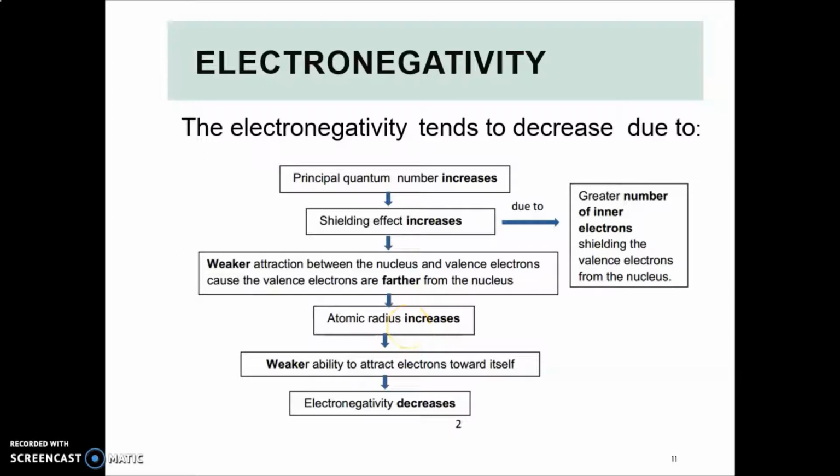When the atomic radius becomes bigger, the valence electrons are further from the nucleus. So the bonding electrons are less attracted to the nucleus, and the ability to attract electrons toward itself becomes weaker. Therefore, the electronegativity decreases when going down a group.